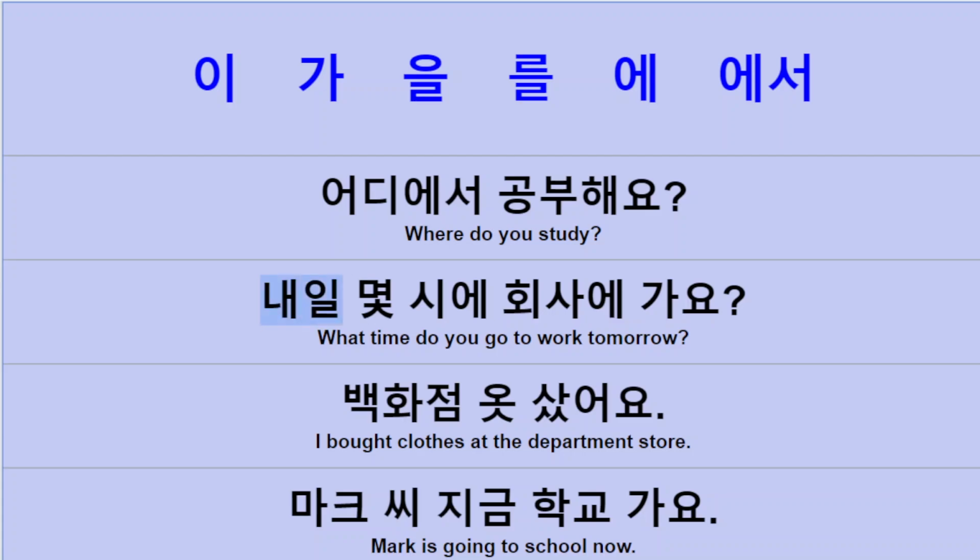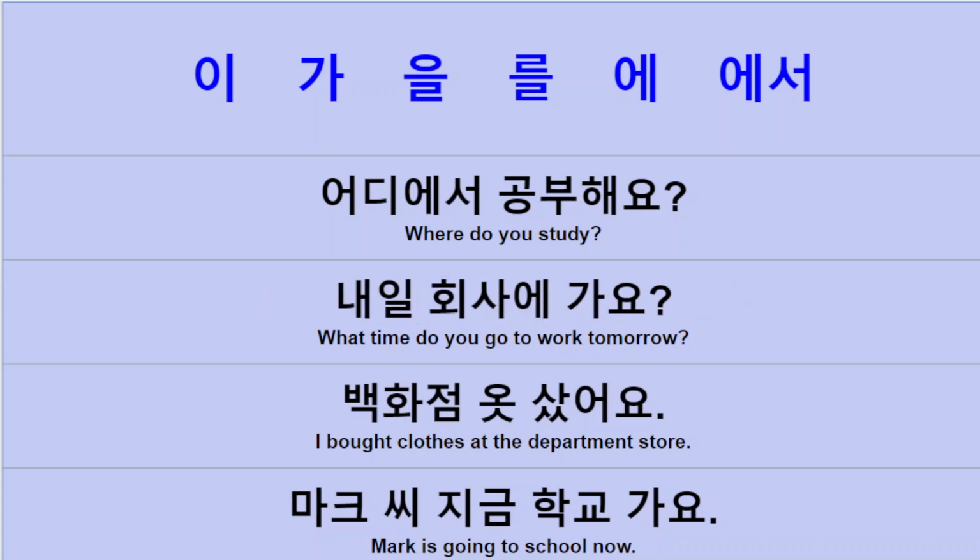Here 내일 and 몇 시 are two time phrases, right? But if there is more than one time phrase, we put the time particle 에 only after the final noun. And one thing I didn't really explain: 어제, 오늘, 내일, yesterday, today, tomorrow, we don't put any time particle after these.